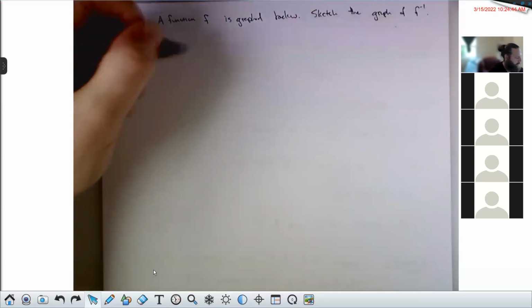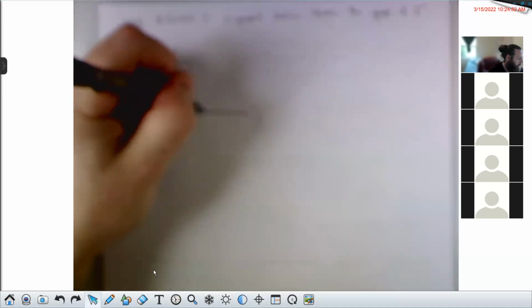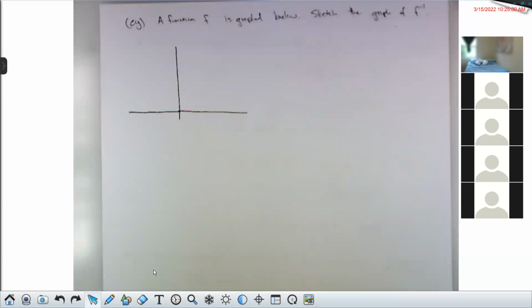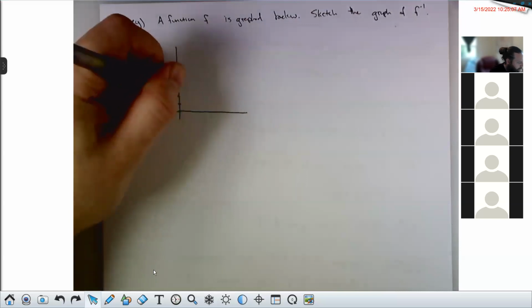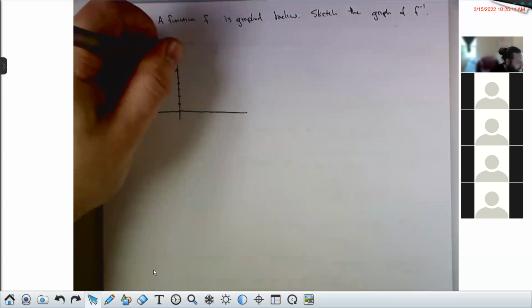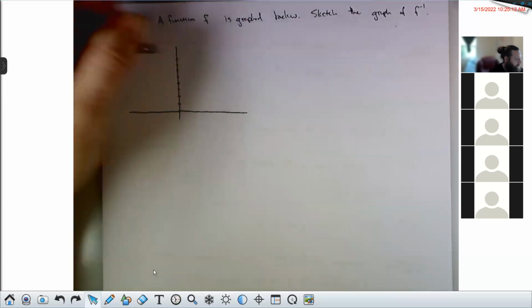Sketch the graph of f inverse. And this particular function I'm going to graph for you is not one that you're able to write down a formula for just yet. Let's go 1, 2, 3, 4, 6, 7, 8, something like that.